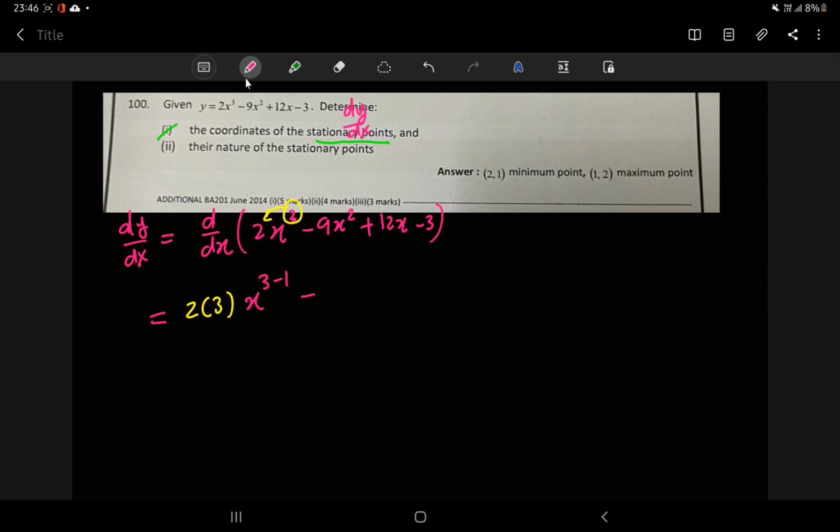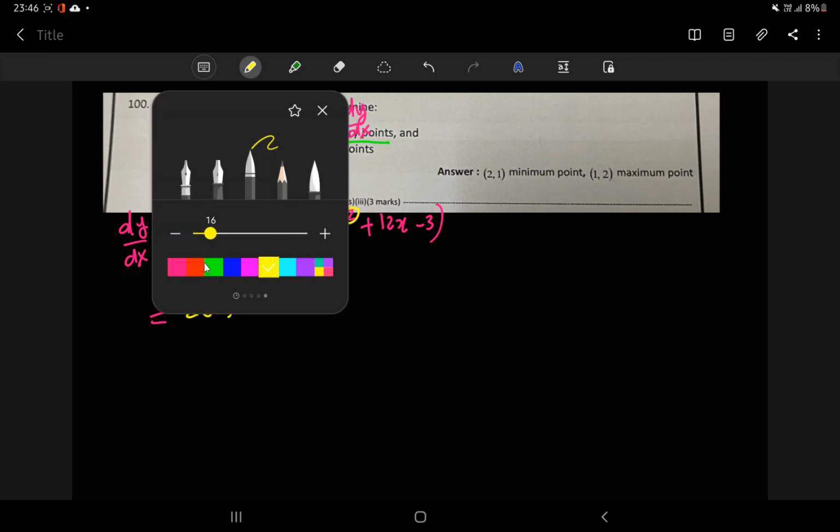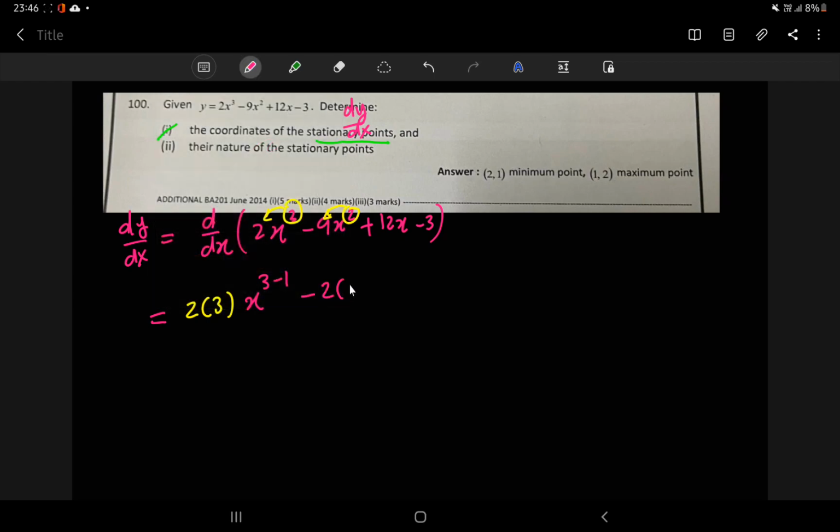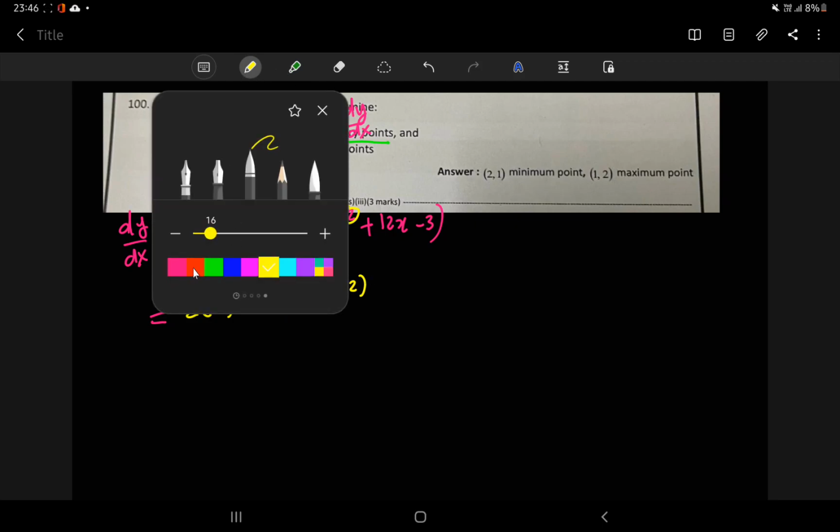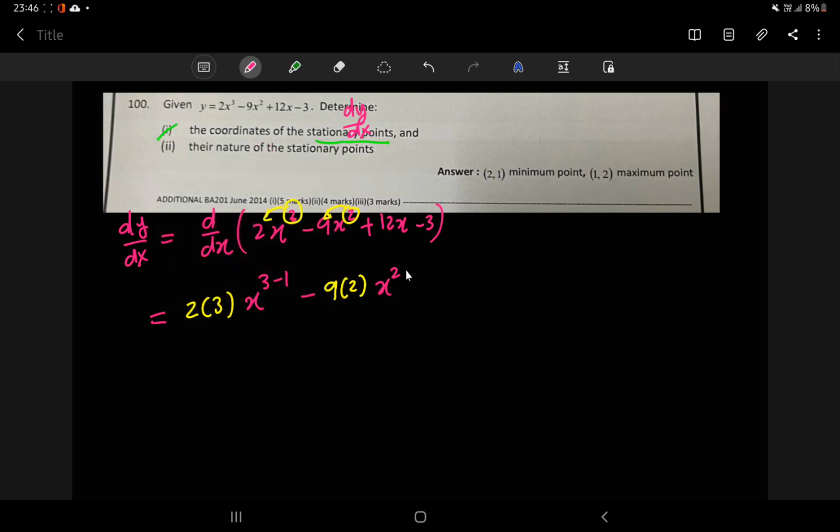Minus, this power 2 will be multiplied in front, so we have 9 times 2, and the x will be x to the power of 2 minus 1. Plus, the power is 1, so 12 times 1 is 12, x to the power of 1 minus 1, which is 0, so this has no x. Minus 0, the derivative of the constant is 0.